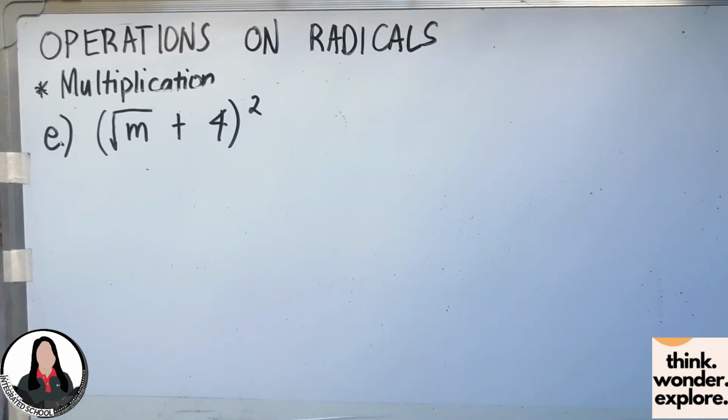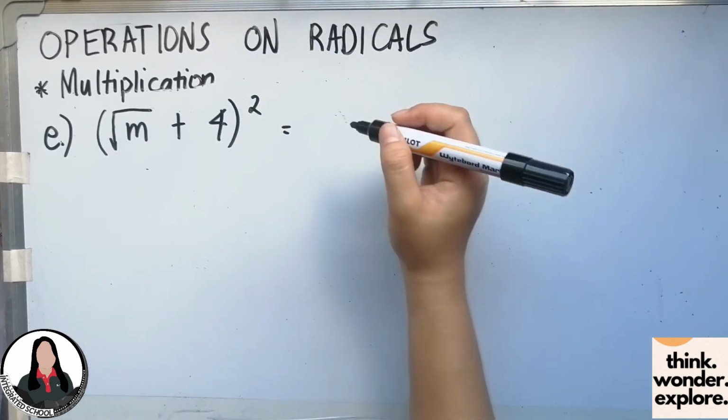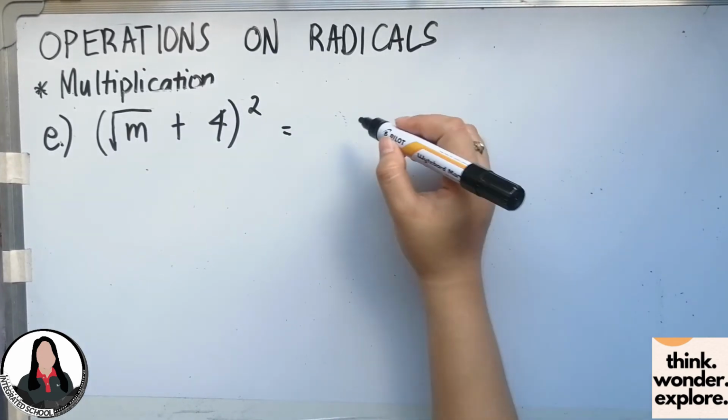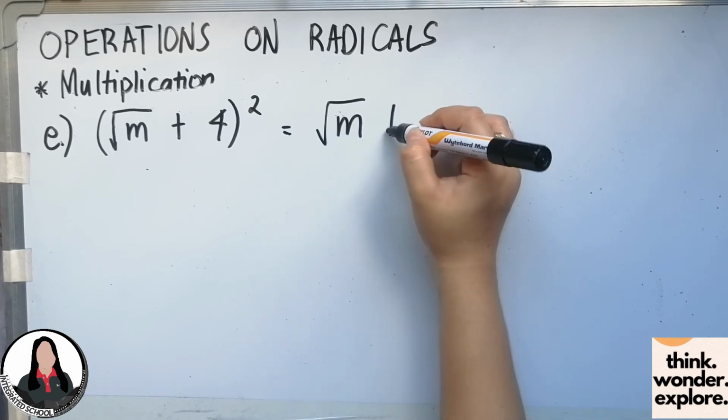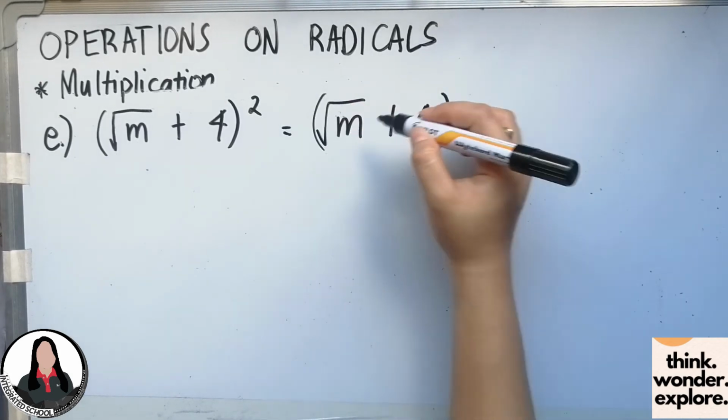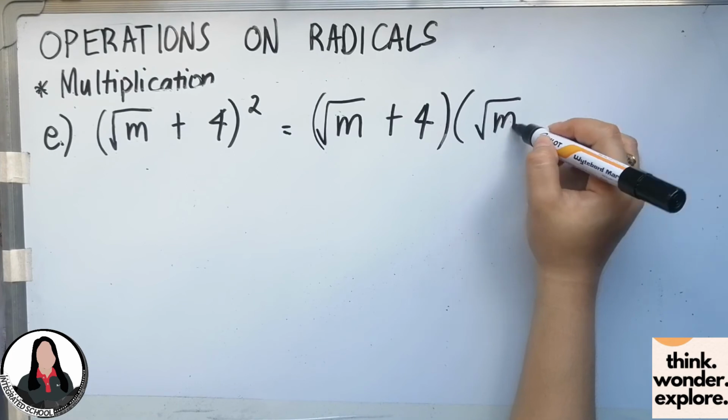So, for the last example, for multiplication of radicals under the distributive property and the binomials, ang example na ito, wherein we have square root of m plus 4 quantity squared is actually equal to square root of m plus 4 multiplied by square root of m plus 4.